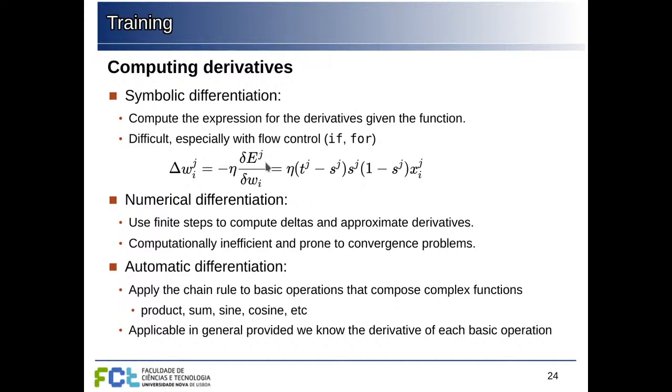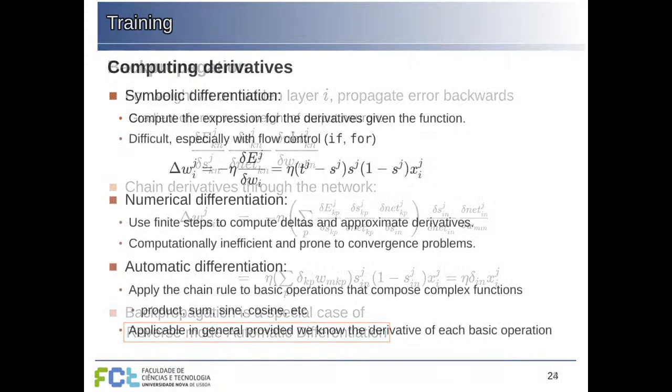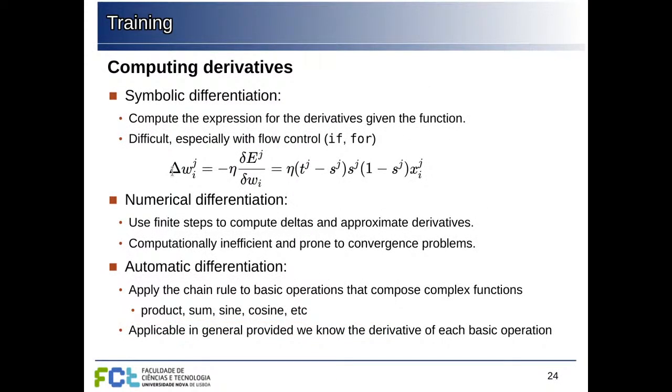So we compute what are the derivatives of all of these after we obtain the expression for the chained derivatives. For example, we saw that the update rule for one weight of the last neuron in the network would be minus this learning rate multiplied by the derivative of the error function with respect to that weight.